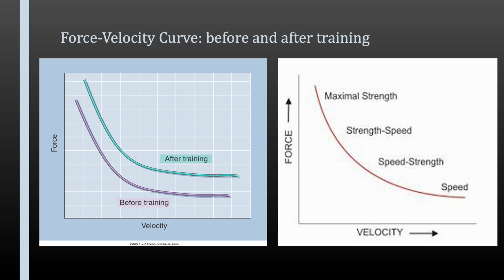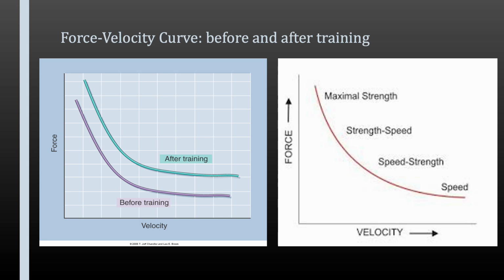The figure on the right shows you maximal strength all the way down to speed. You have to train at low velocity, which is maximal strength, 1 RM repetition max, all the way down that line until you reach speed, which is essentially zero loading and sprinting as quickly as you can.